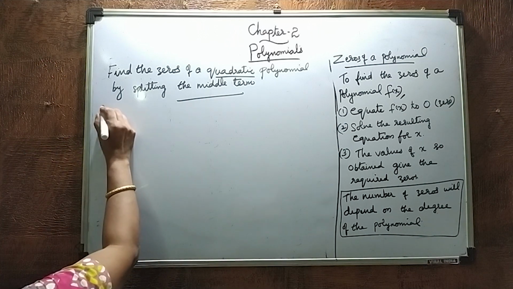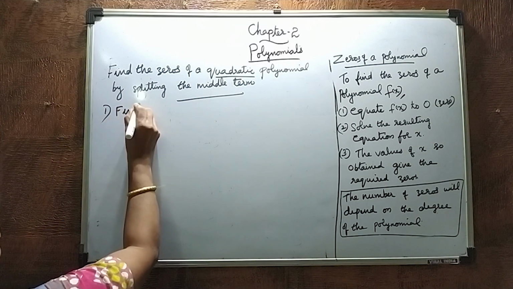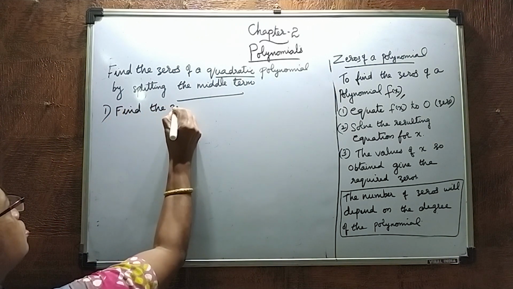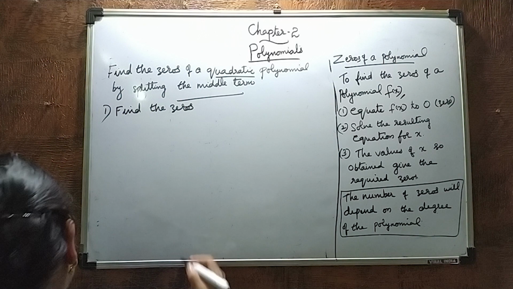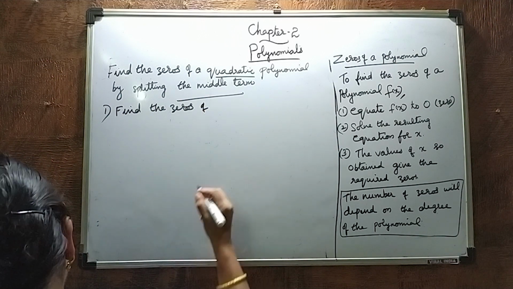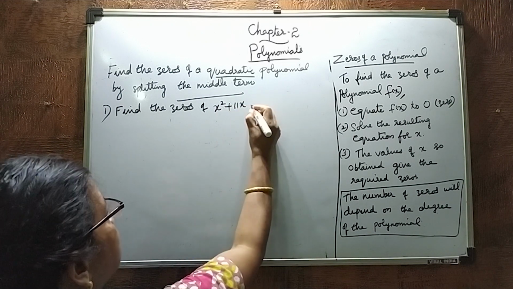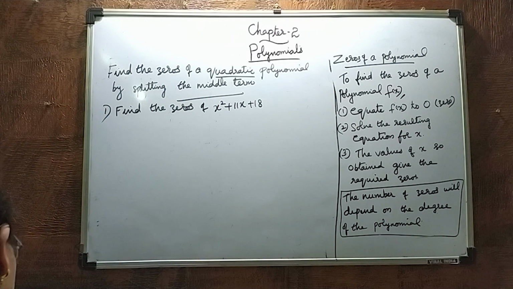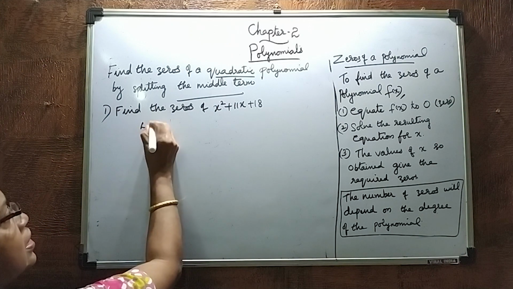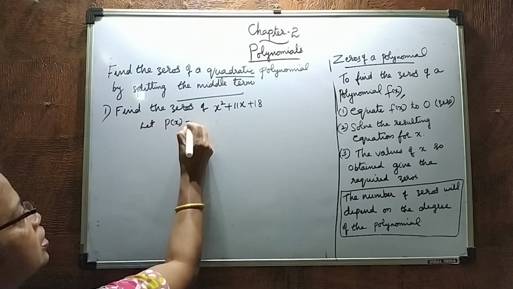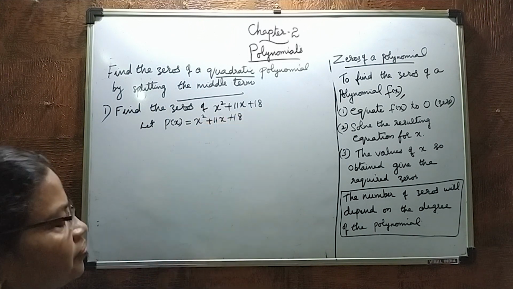Now first question. Find the zeros of x square plus 11x plus 18. This is the question. So what you have to do is, you have to start with p of x. Let p of x equal x square plus 11x plus 18.